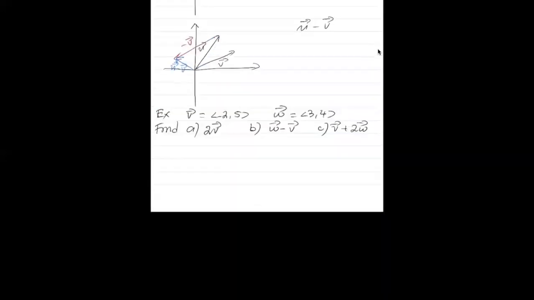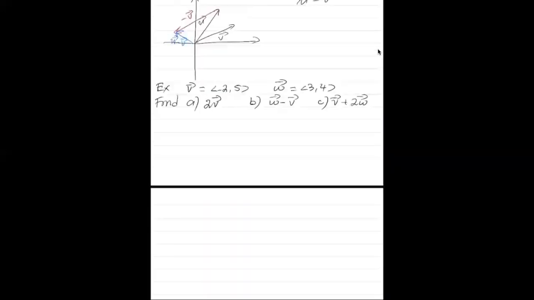You could draw them, but you don't have to. To find the vector means to find the component form. So part A, 2v, we simply multiply the number 2 by the components of v, negative 2, 5, and that is negative 4, 10. So this is our new vector.